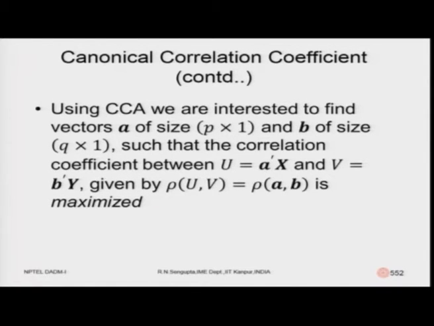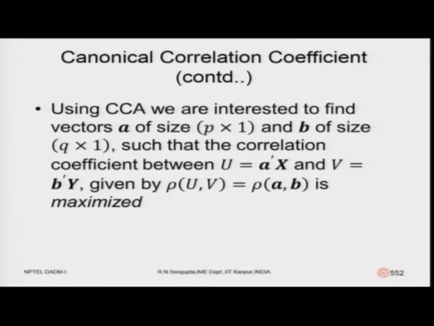Now, using the canonical correlation coefficient, we are interested in finding a vector A, which would be a set of numbers of size p cross 1, because x is the set of random variables of size p.